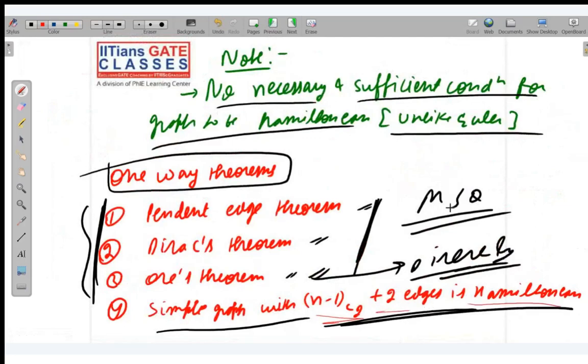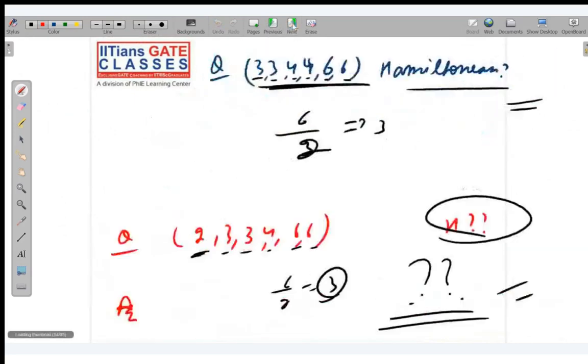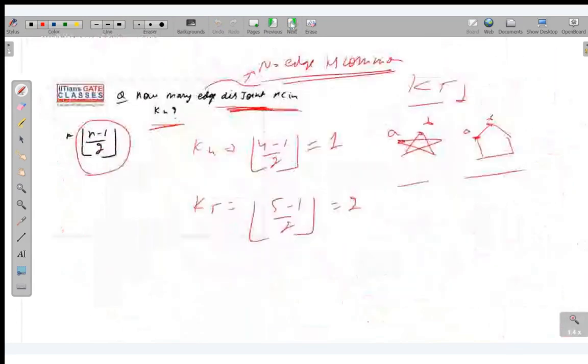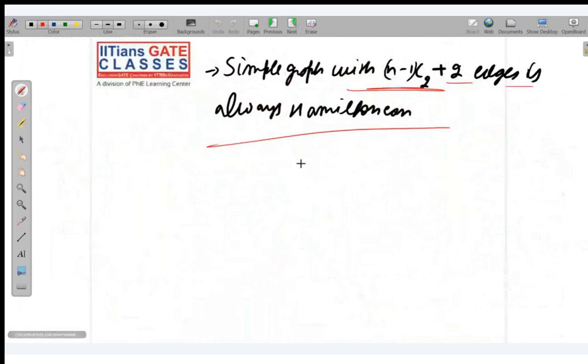The proof is very simple. Take, say, 5 vertices. So n minus 1 C 2 means 4 C 2, which means you make K4.